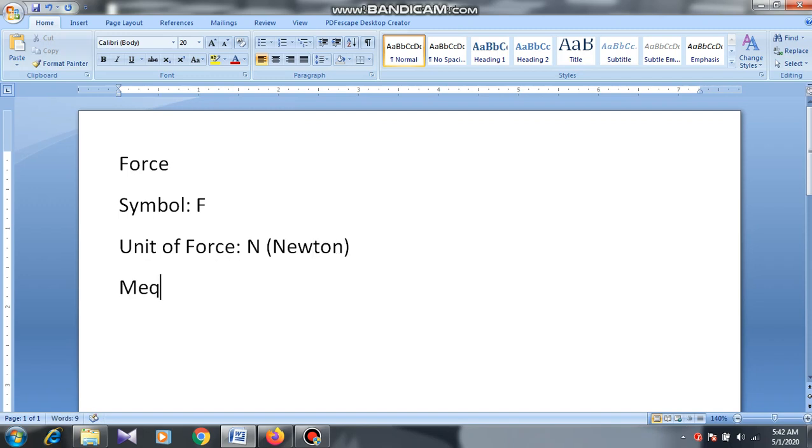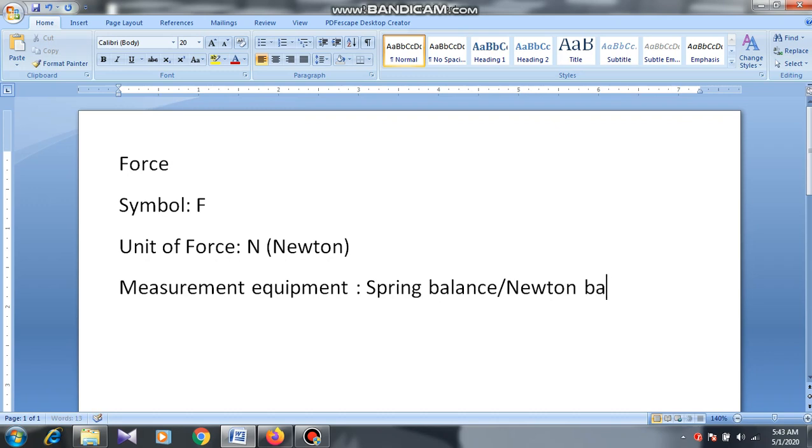And the equipment we use to measure the force, the measurement equipment, is the spring balance, or you can call it by another name, Newton balance.